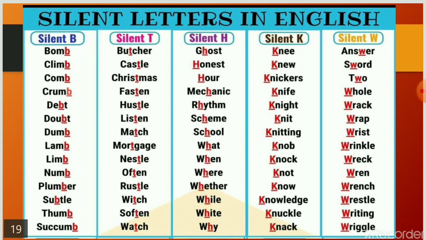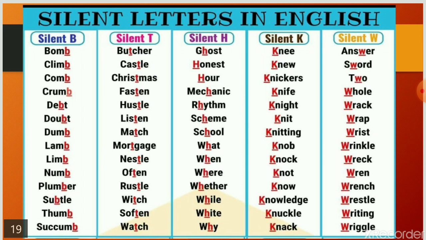See here, silent B. You can see clearly the last B is the combination of MB. If a letter is in red color, that red letter is silent. So we are going to pronounce them one by one, very clearly and comfortably, so that my true blue, diligent and brilliant students can understand. So we are going to start now.